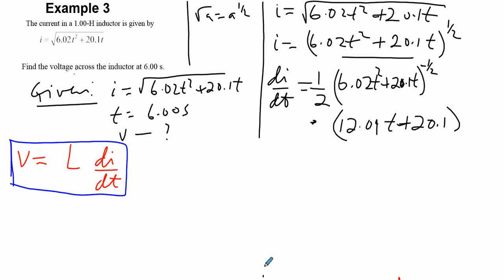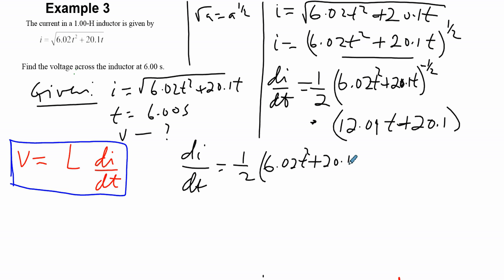So that's the di dt, but this negative half, we can rewrite the whole thing. Let's rewrite it. So say di dt equals a half times 6.02t squared plus 20.1t to the negative half, times 12.04t plus 20.1.